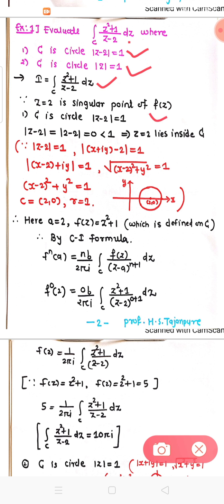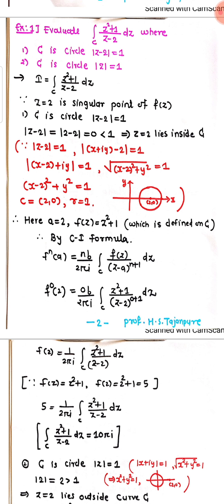Now identify the singular point of the function f of z. z equal to 2 is the singular point because for z equal to 2 the denominator is 0, which means the function will be infinity, that is, it fails to be defined. So that's why z equal to 2 is the singular point of the function f of z.